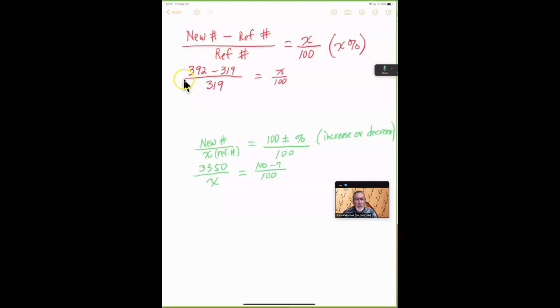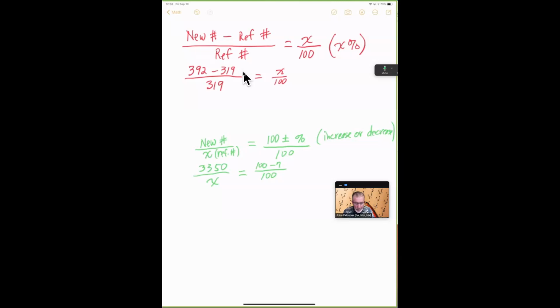So I'm plugging in our numbers here. We started at 319 parts per million and grew to 392 parts per million. So to find out the difference between these two numbers, we subtract one from the other. And we can just do that with our calculator. 392 minus 319, and that's equal to 73.